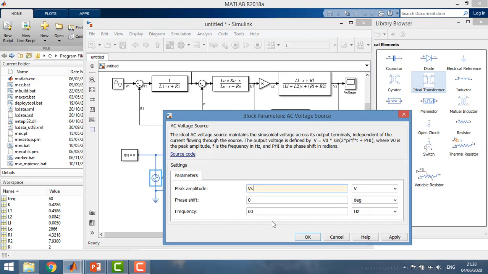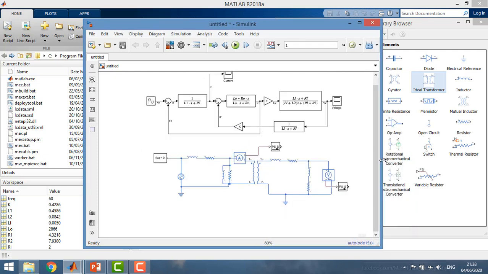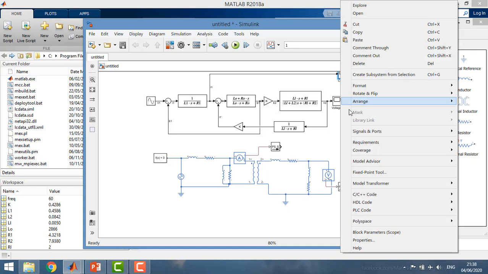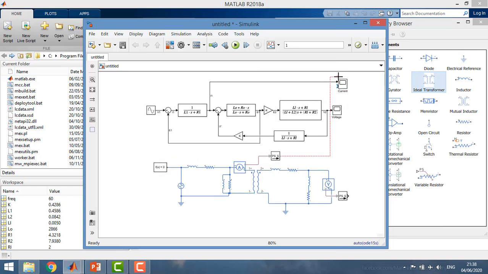It's already 60 Hz. So the next step is to compare the first model output to the second.